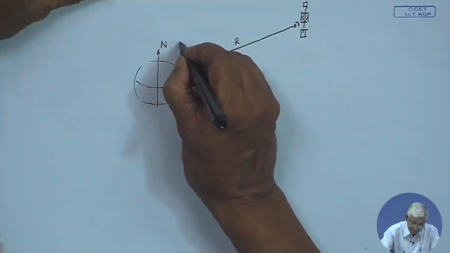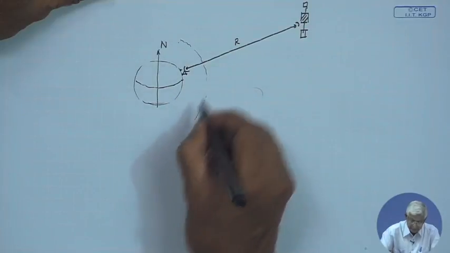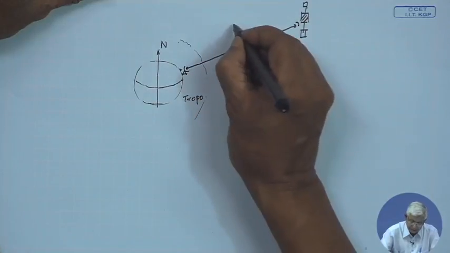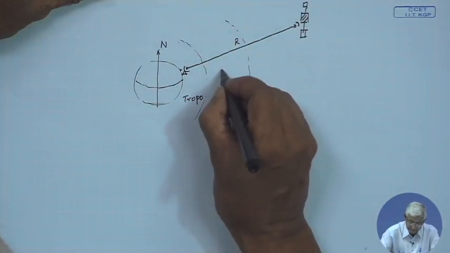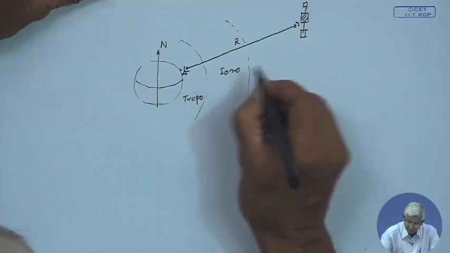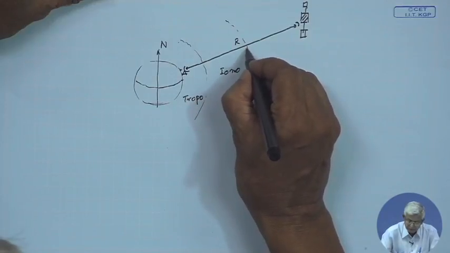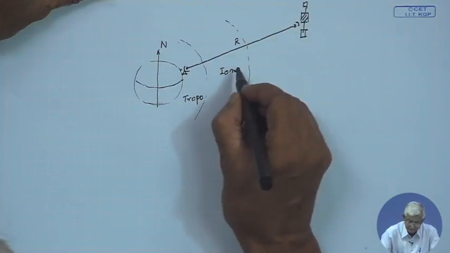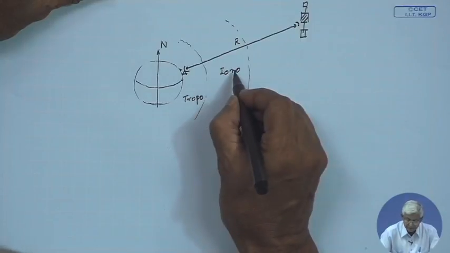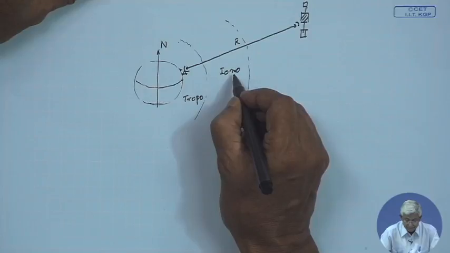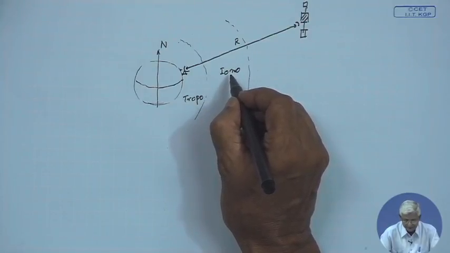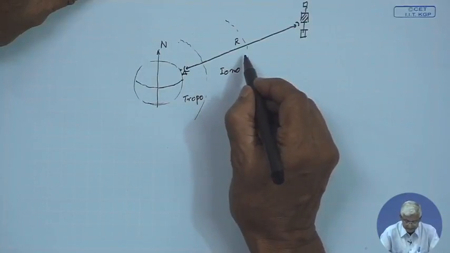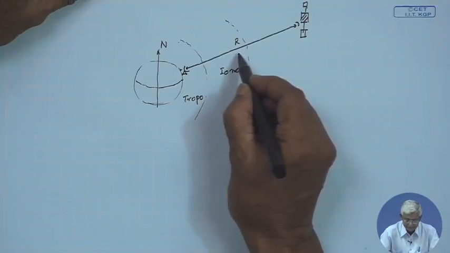But then in between, near the earth, there is the atmosphere which has the troposphere, and higher up there is the ionosphere. Subsequently, there will be no gas or particles, which will be free space. Though this distance is much larger, the troposphere and ionosphere may contain certain particles. At the ionosphere there are electrons and ions, and the electromagnetic wave will interact with them.